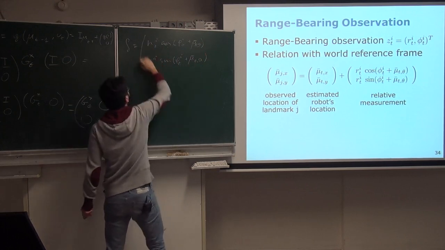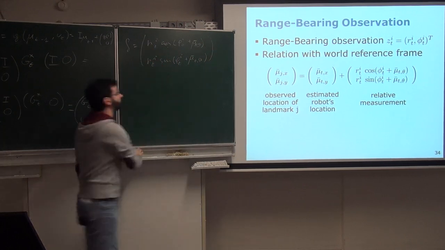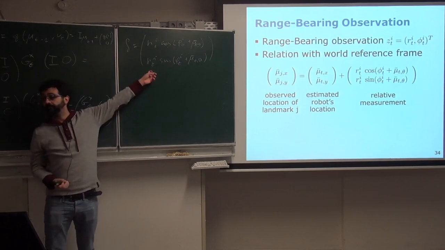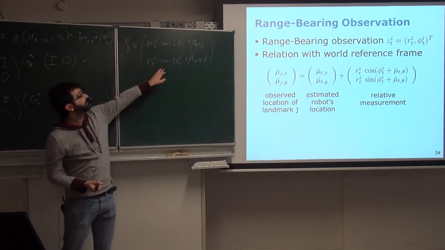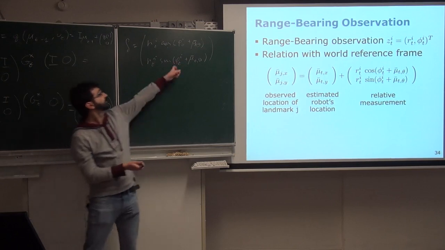Okay, so this is our delta vector, no? So we need to get r out of this, and we need to get phi out of this.